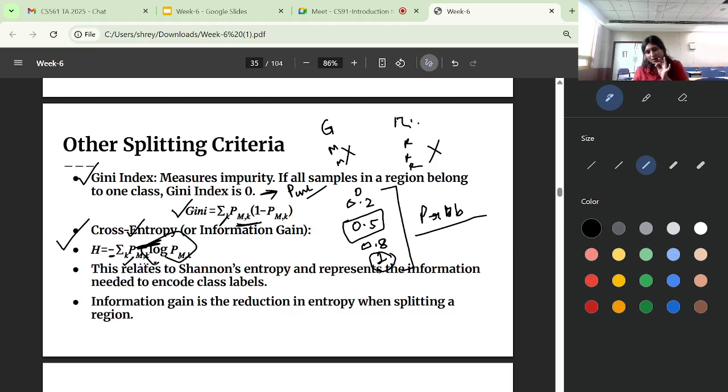Otherwise, the two formulas are very similar, just depicted in different ways. Either you use Gini index or cross entropy or information gain, both will work. But whichever formula is given in the question, you have to use that formula.